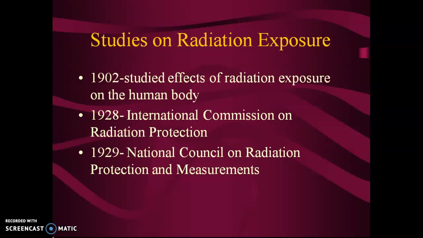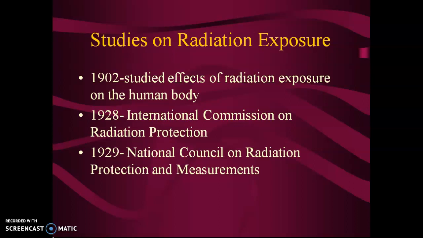I'm not going to ask you these dates, but just to give you a time frame. Remember that X-rays were discovered in 1895, so pretty quickly they realized that there were problems. By 1902, they were starting to study the effects of radiation on the human body.